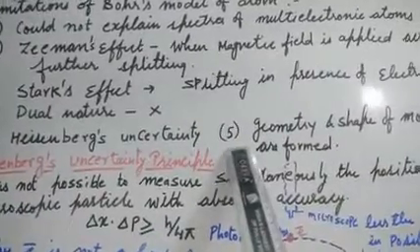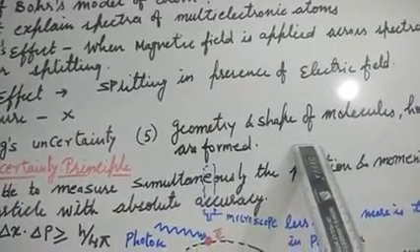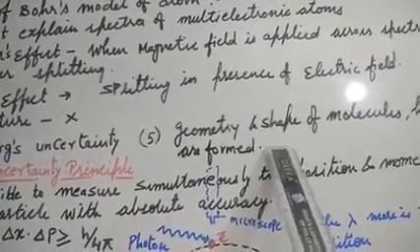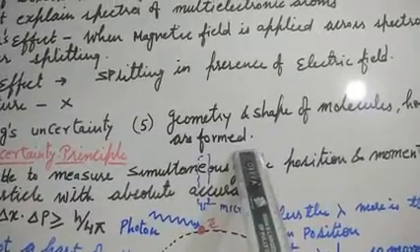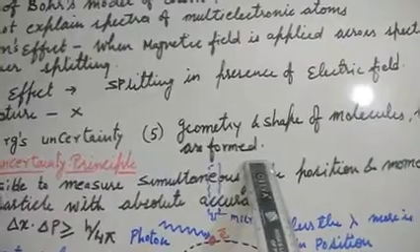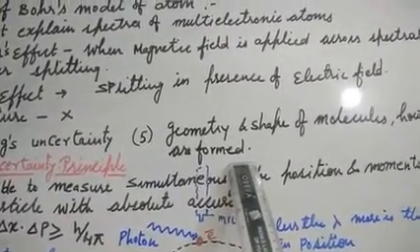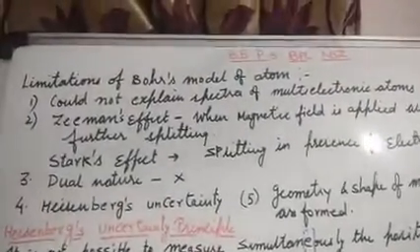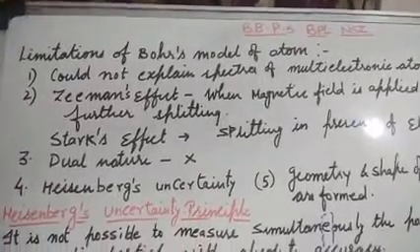Next, the geometry and the shape of molecules was not explained by Niels Bohr, nor how molecules are formed from atoms, and how atoms have different abilities to form molecules. This idea also was not given by Niels Bohr. So students, these were all the drawbacks of Niels Bohr's model of atom.